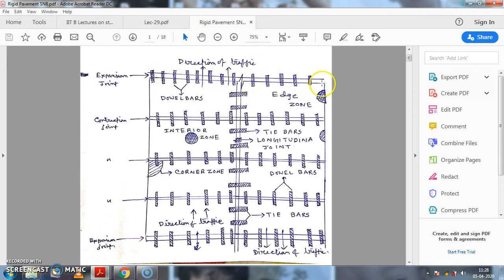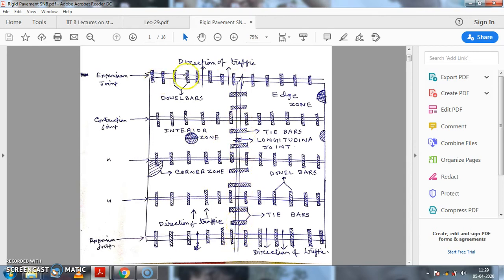That means this one is expansion joint, and in between these joints are contraction joints. So we can say that there are mainly two types of joint for transverse joint, that is expansion joint and contraction joint, and second one is longitudinal joint.